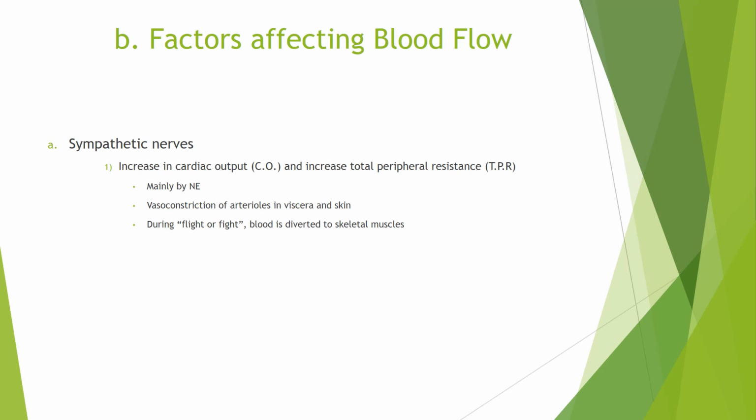Now, during fight or flight situations, blood is diverted to the skeletal muscle and constricted in the digestive tract, kidneys, and skin. The vasodilation that occurs with the skeletal muscle is going to be due to cholinergic fibers, which bind acetylcholine, and also epinephrine, which binds to the beta adrenergic receptors.